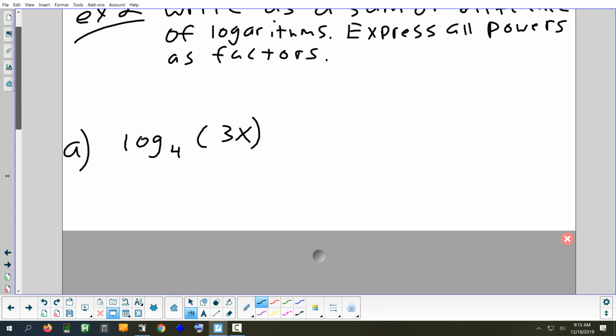Brandon, log base 4 of 3x. Is that going to split as a sum or difference? Yep, it's going to be a sum. So we're going to have a sum of 2 logs. Madison, what's going to be the base on each log? 4. It's going to stay exactly the same as the original. Base 4, base 4.